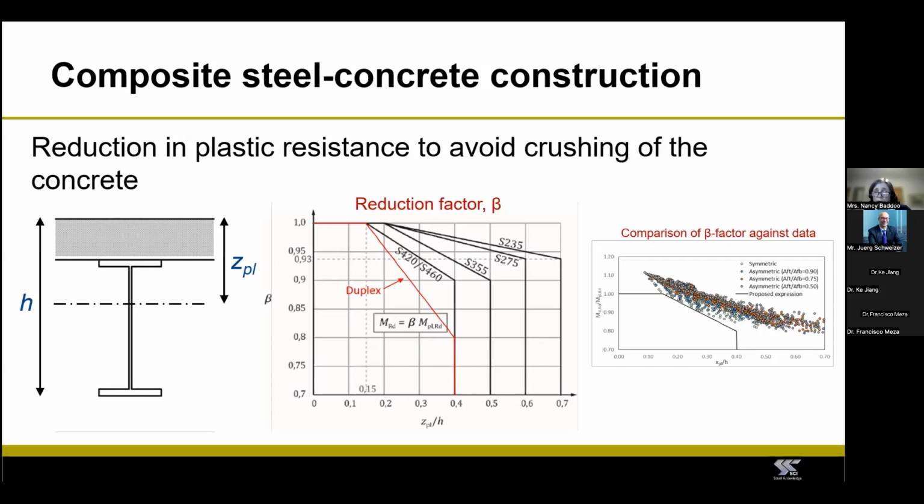So you have to be aware that it could be very conservative, this stress block model for stainless steel, and in some cases it would be worth the extra effort of using the actual material model, for example the Ramberg-Osgood material model, in your calculations.